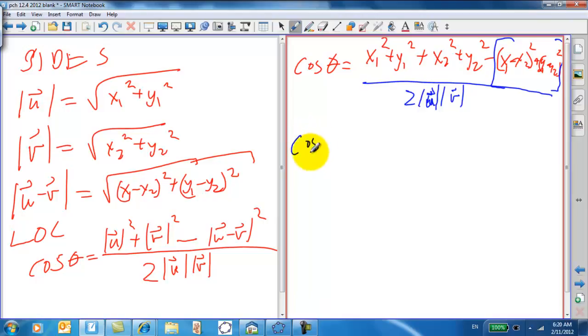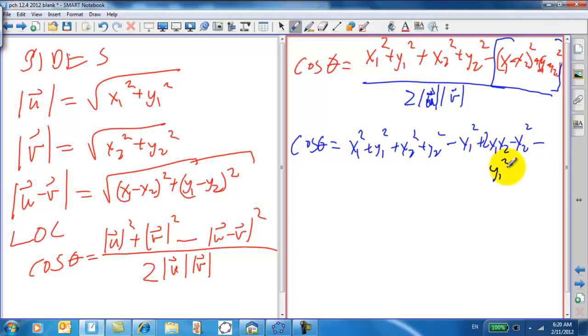2 times the magnitude of u times the magnitude of v. So, cosine theta equals, I think there's a lot of stuff that's going to cancel out here, x1 squared plus y1 squared plus x2 squared plus y2 squared minus, and when we expand these out, it'll be x1 squared minus 2x1 x2 plus x2 squared plus y1 squared minus twice y1 y2 plus y2 squared, all over 2 magnitude of u times magnitude of v.